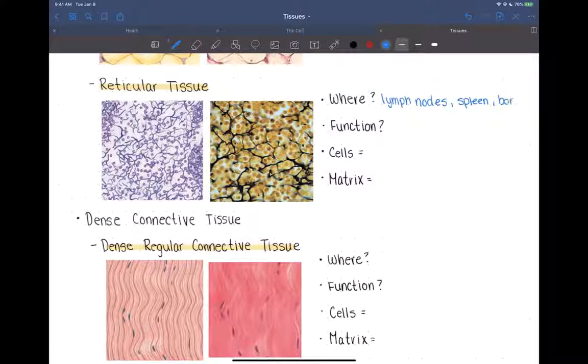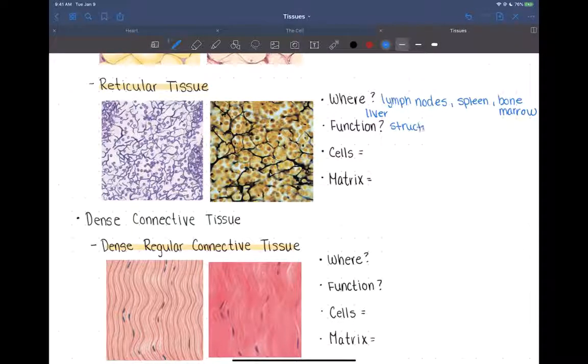Both use this reticular tissue. And your liver. So some tissues use it as a structural framework. The function for that would be support, so structure and support.